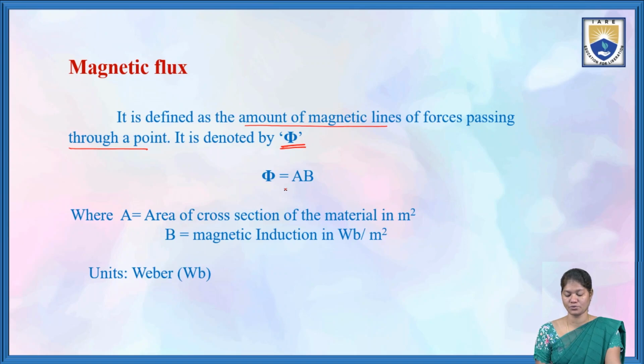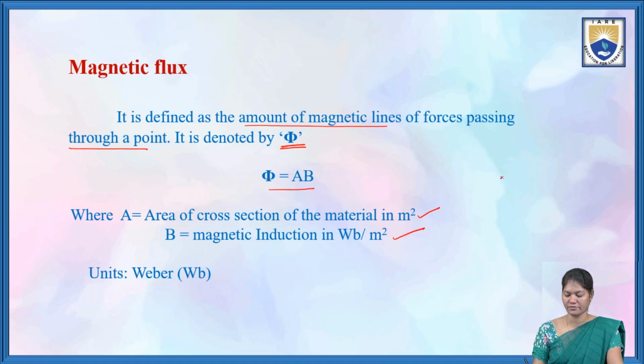Phi is equal to B A, where A is the area of cross section of the material, which is measured in meter square, and B is the magnetic induction, which is measured in Weber per meter square. Magnetic flux is measured with the units of Weber.